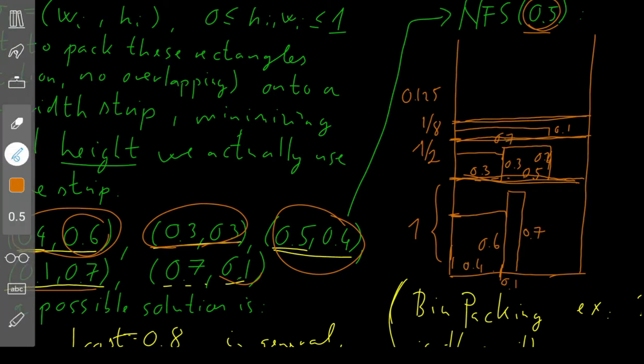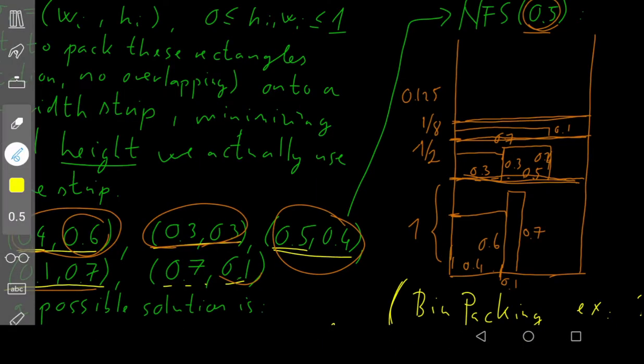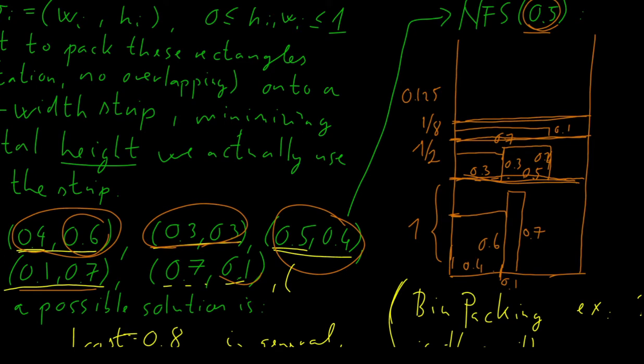And for example, just to see an actual closing, if at this point we get an object of width 0.3 and height say 0.4, then 0.4 says that it should be packed here, but we already have a box of width 0.3 and a box of width 0.5, which makes it total 0.8, and 0.3 would make this total width be larger than 1, which means that in this case we are just closing this shelf, and we just open a new one with height 1/2, and we just put the 0.3 times 0.4 guy there.